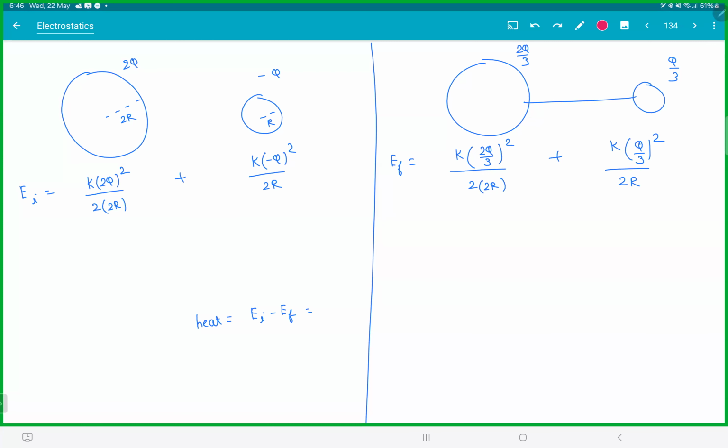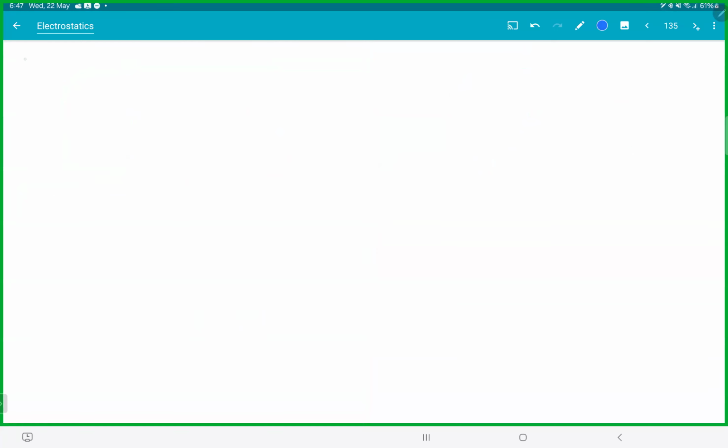Clear? Next one. So that's about self energy there. Next thing, relation between field and potential. We will wrap up the chapter on Friday, and we'll start off with Gauss laws.